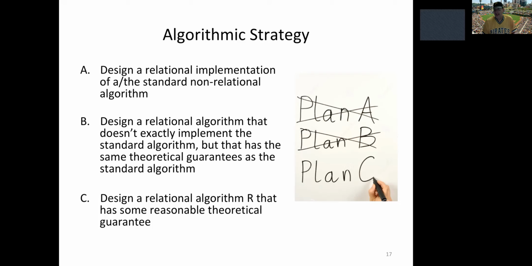Okay, so then to the extent that you believe that theoretical result supports the adoption of the standard algorithm, you should believe that it should support the adoption of the relational algorithm. And plan C is, if you cannot find a relational algorithm with the same theoretical guarantee as the standard algorithm, can you find a relational algorithm with some theoretical justification that it should do well?